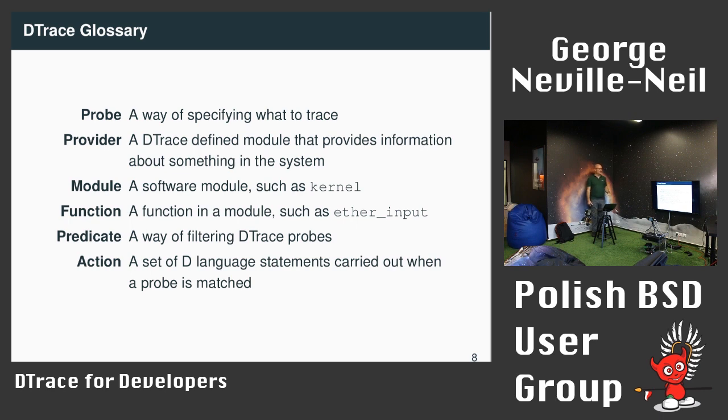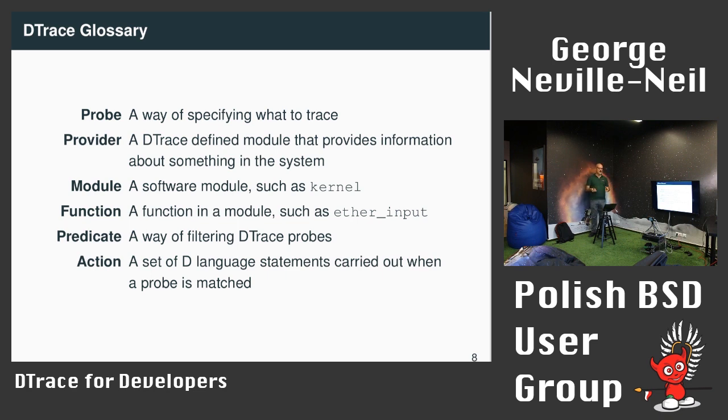Then we have two other things which were used in the previous example, and we'll go through these a little bit more as well. We have something called a predicate. So how many people have programmed in awk? Wow, young people who program in awk. This is great. The people who wrote D loved awk, and so if you know what predicates are in awk, then they'll make a lot of sense.